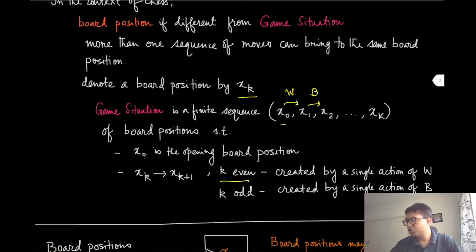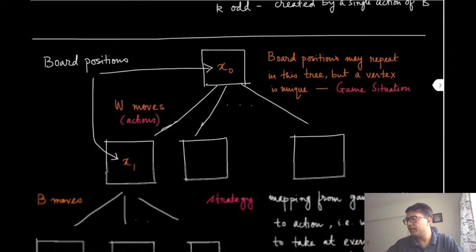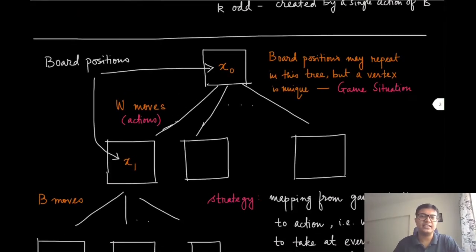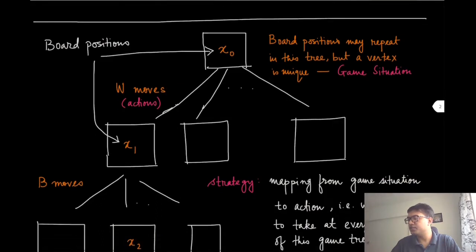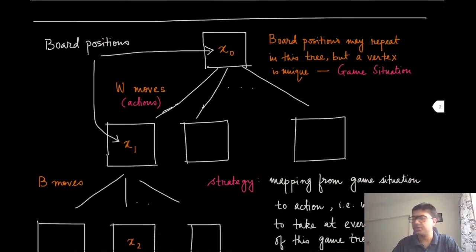To represent this pictorially, you can think of this as a tree, and we are also going to call this a game tree. Different board positions are just the nodes of this tree, and because the same board position can be obtained in multiple ways, there could be repetitions of nodes in this game tree.